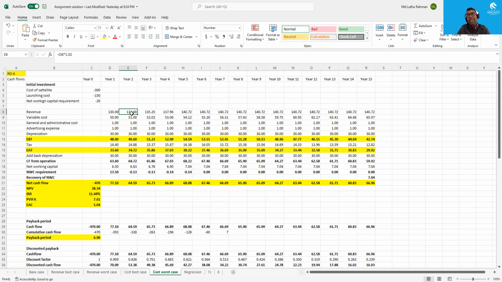When you explain the result, you try to bring something new that you haven't shown in your NPV calculation. For example, you could calculate how much the NPV changes in percentage from the base case to the revenue worst case, cost worst case, revenue best case, cost best case. Okay. The idea is, as you calculate the percentage change, you can argue that NPV is more sensitive to, for example, revenue, or more sensitive to cost.